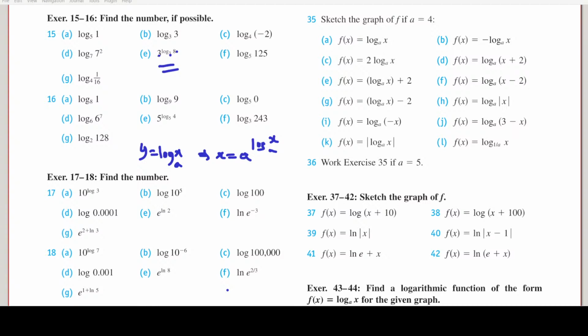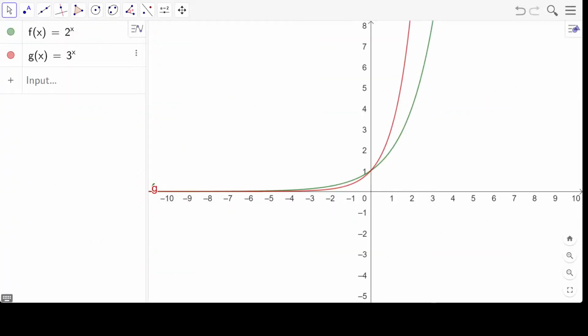I'll project you some other screen. Okay. Can you see the screen?